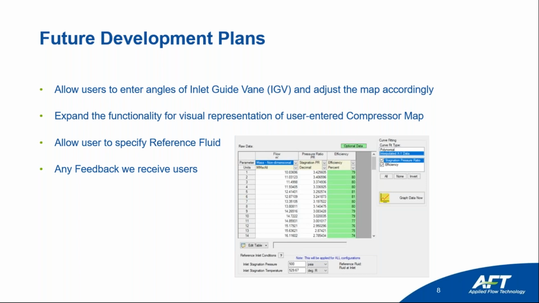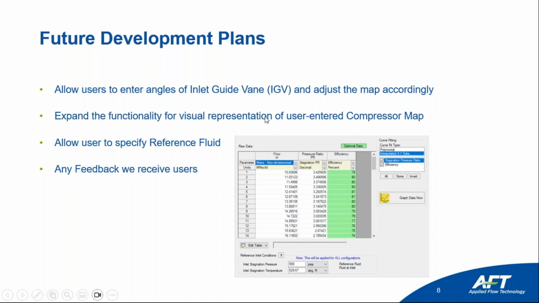Guide vanes can do a lot of different things. Sometimes they're numerically controlled to help the compressor out. So we're really looking to implement just a way for people to enter angles of those vanes in so that we can adjust the curves for steady state operation.